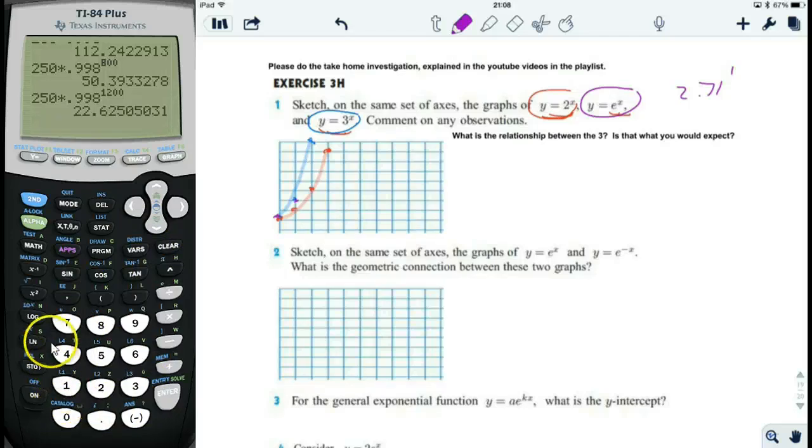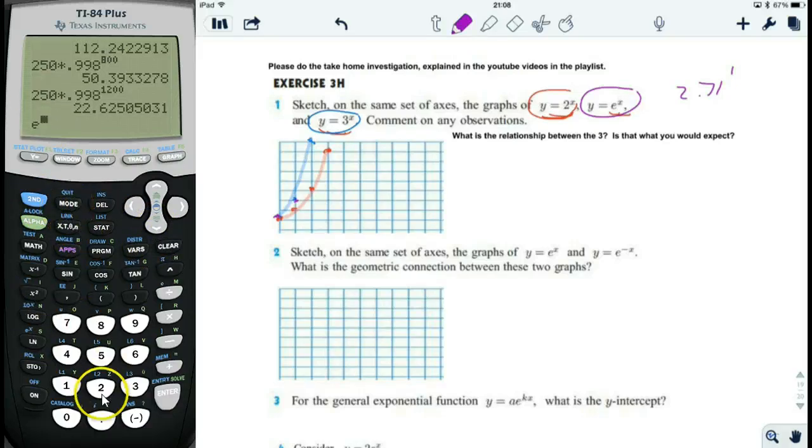You go second, e to the x, and then I put 2 because I want e squared. E squared is equal to 7.38. So (2, 7.38) is right there. Now you're starting to see a pattern here.